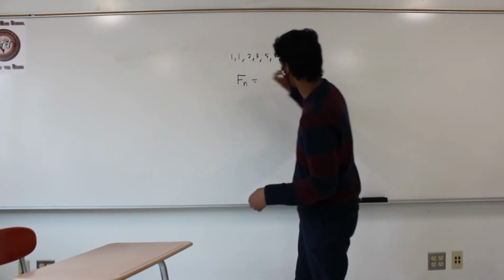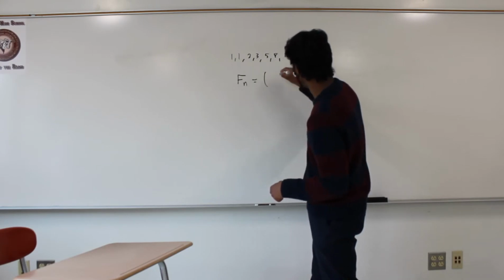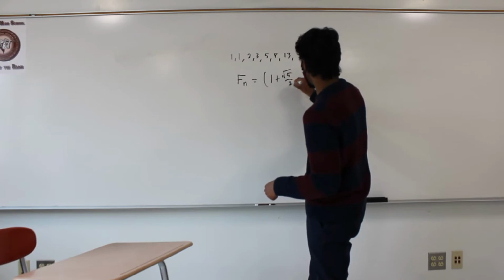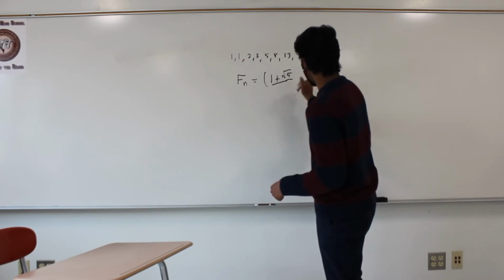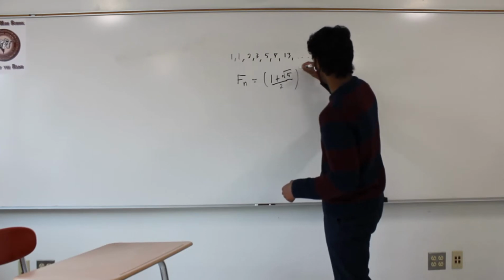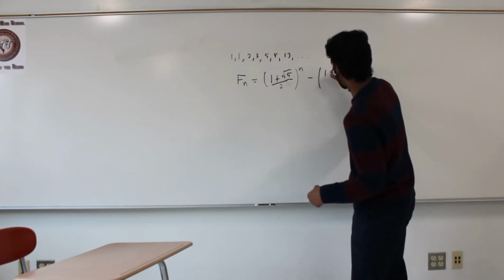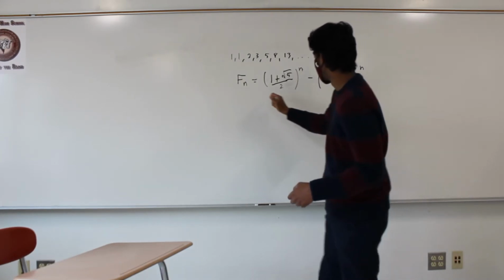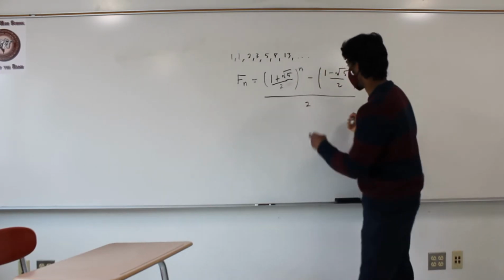This big formula, it's kind of crazy, but it's 1 plus the square root of 5, all over 2, to the n, minus 1 minus the square root of 5, all over 2, to the n, divided by 2. I think that's right.